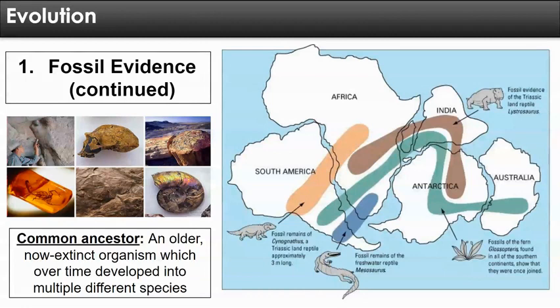But since that common ancestor, we have branched off, and that common ancestor is extinct, and separate species have developed from that common ancestor. They may still have some similarities, but they evolve very differently based on where they now live.